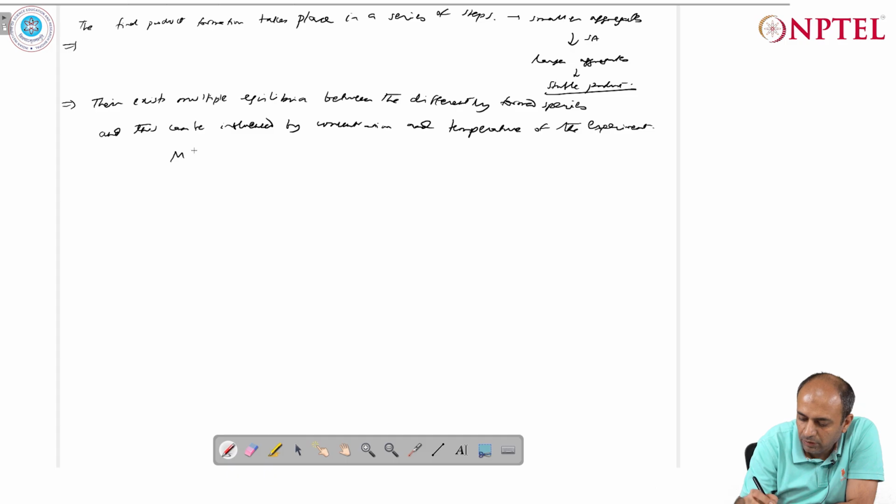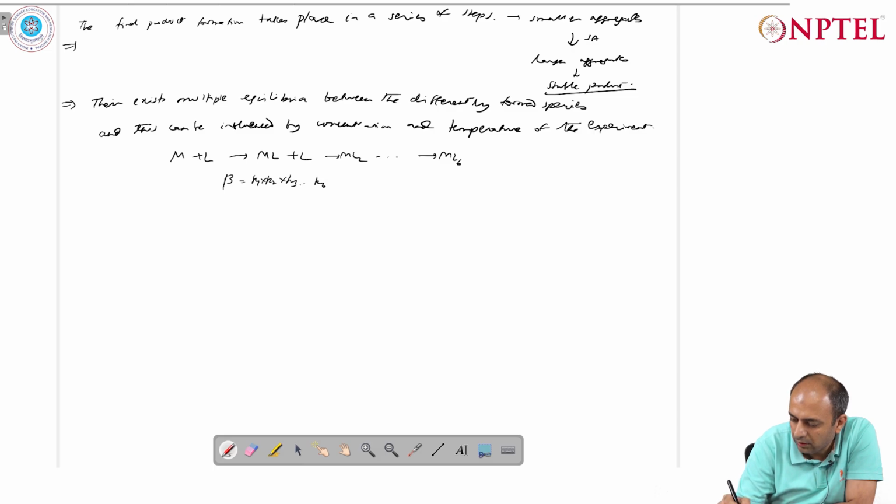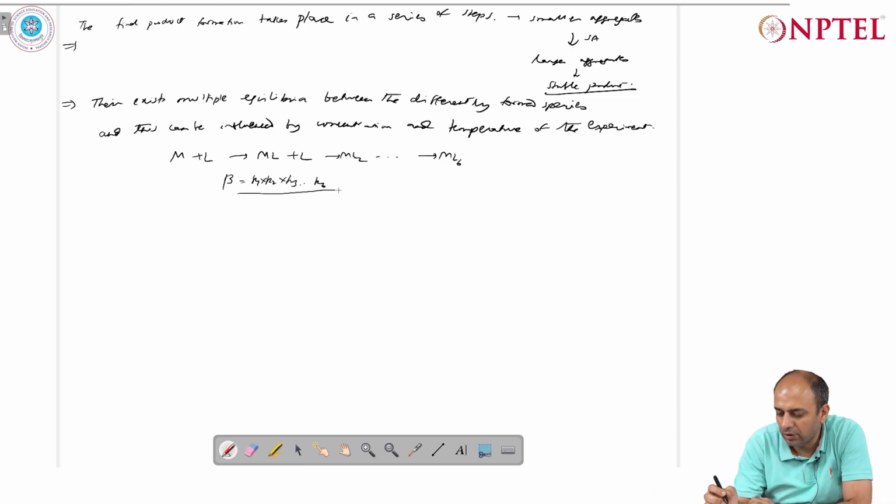So, for example, we know that when we have a metal, it combines with the ligand, it forms ML first, then ML combines with further ligand to give ML2. In this way, we finally get the ML6, and eventually we know that the beta is actually the product of the equilibrium constant for each of these particular steps.